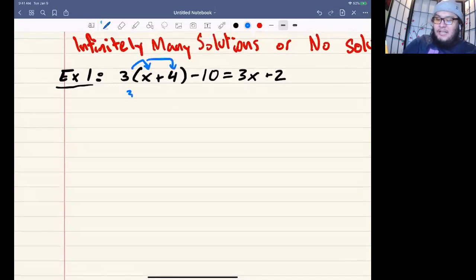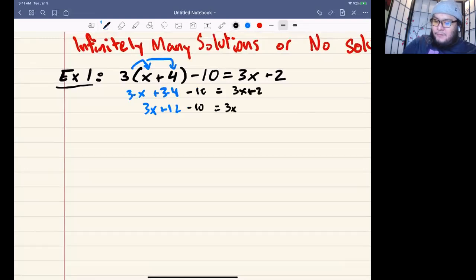We get 3 times x plus 3 times 4, and we keep the rest the same, 3x plus 2. When we simplify, we get 3x plus 12 minus 10 is equal to 3x plus 2.